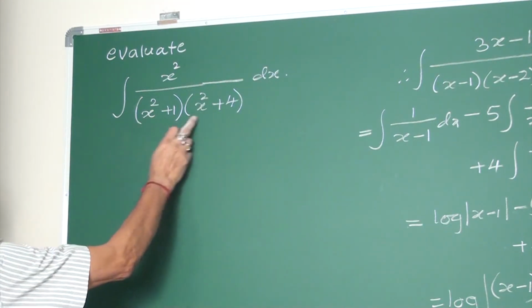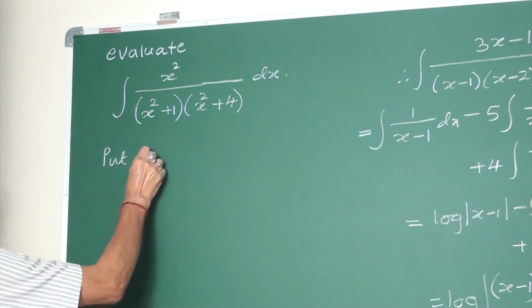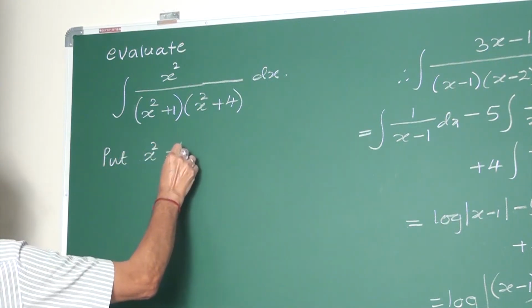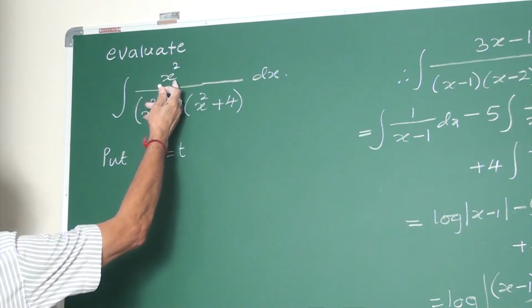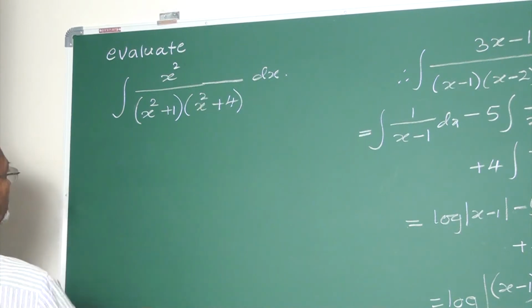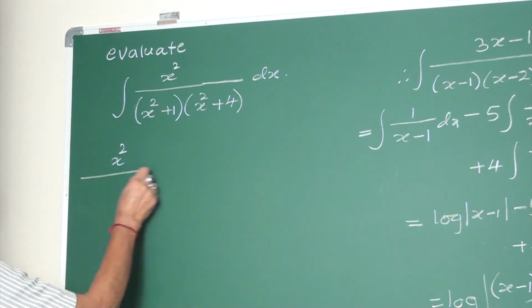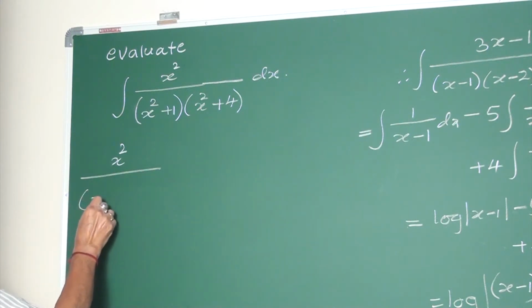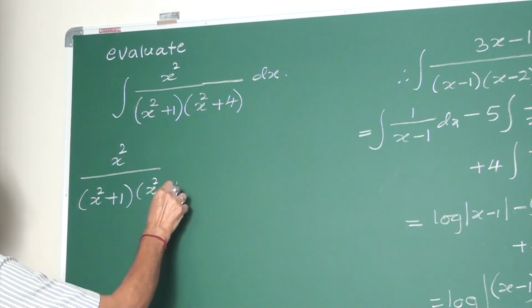Yes, my friend, what is the substitution? Put x square equal to t. No differentiation. Why? Because x square is there in the numerator. Otherwise, you do one thing: consider that separately first. It is x square upon x square plus 1 into x square plus 4. Consider this.